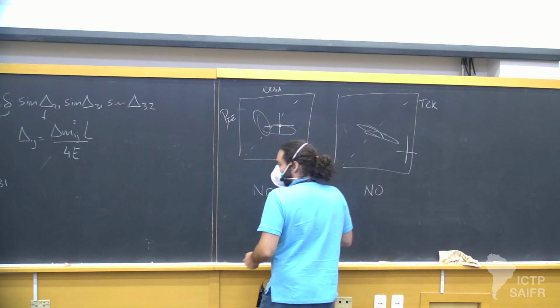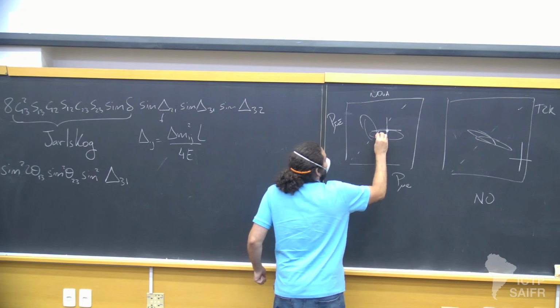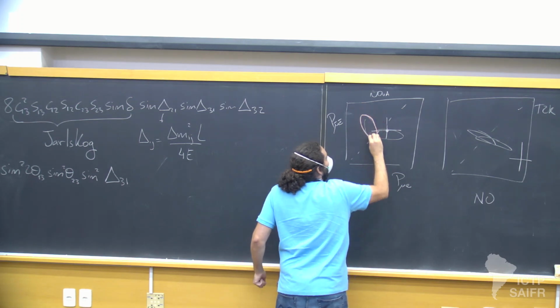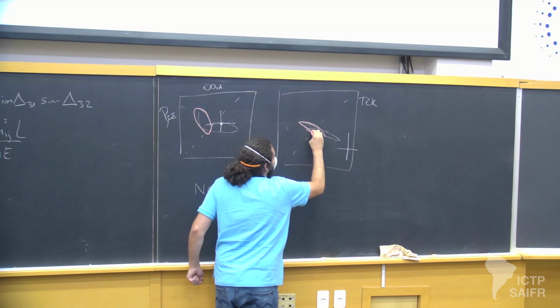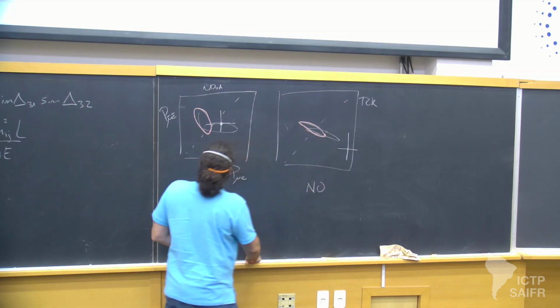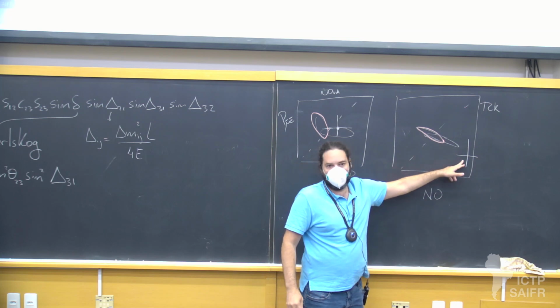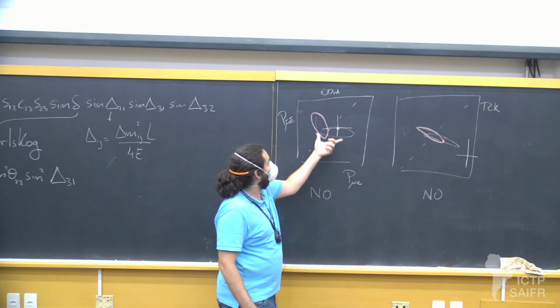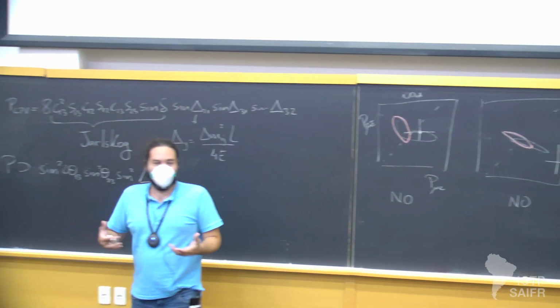Maybe I should do it in a slightly different color. Oh, look at that. Almost perfect. So this is inverted ordering. You can clearly see that normal ordering is closer to the data point, and here you're on top of normal ordering. So individually, they prefer normal ordering.